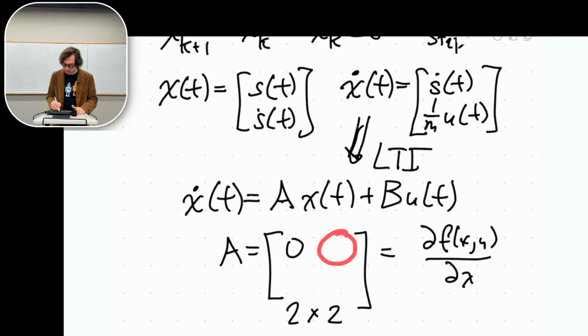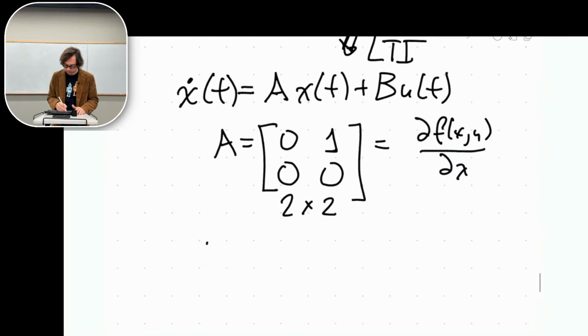Now we are on the second column. So first row, second column, it'll be partial s dot, partial s dot. That's 1. Onto our second row. Partial of this, partial s, I don't see no s's. And I also see no s dots. There we go. That's our A matrix.